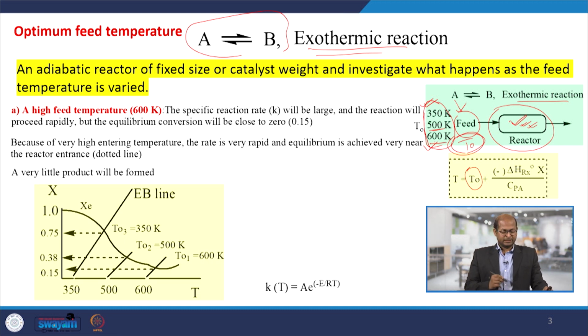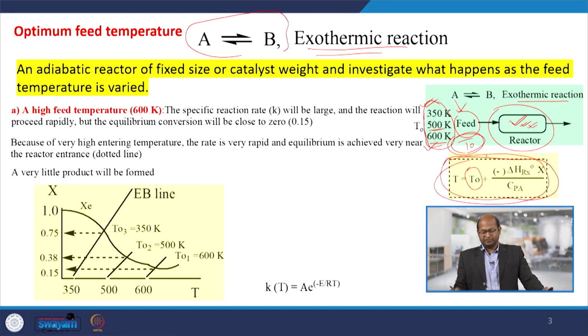Since the reaction is exothermic, we have already discussed the equations relating conversion and temperature, that is the energy balance equation, and the material balance equation in the previous class.